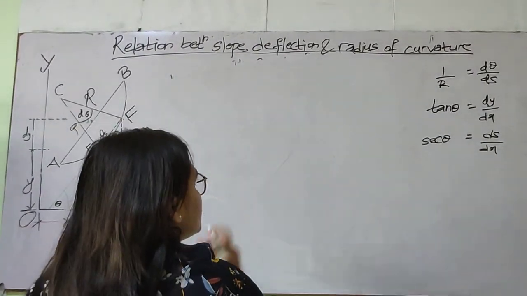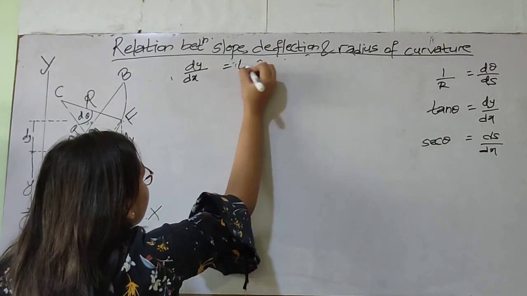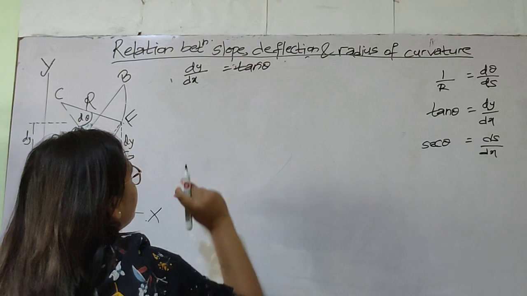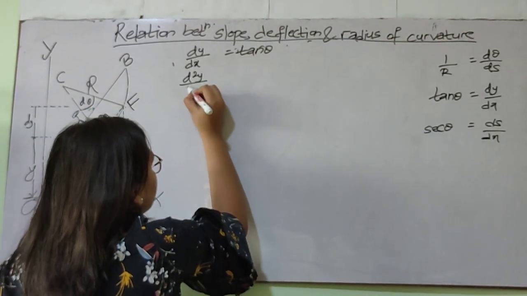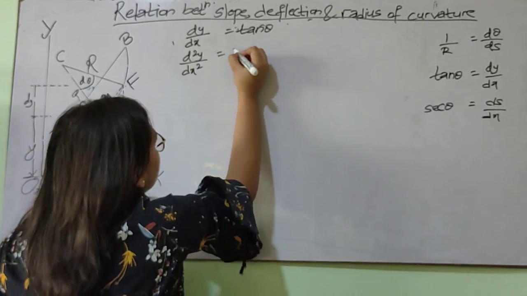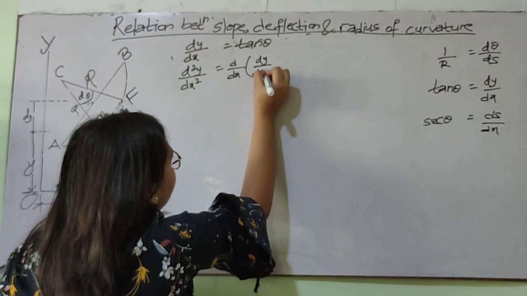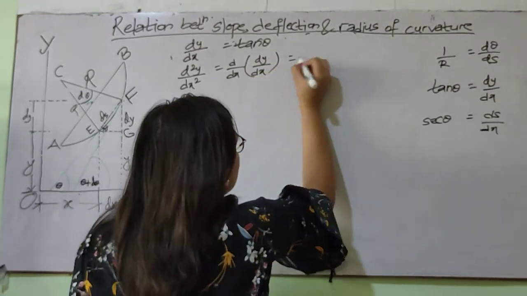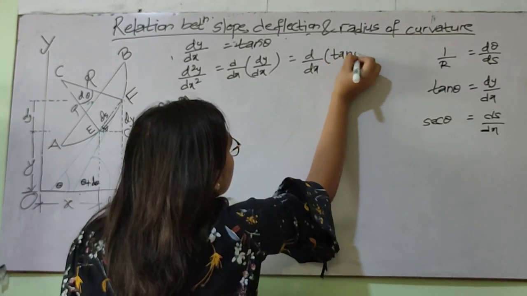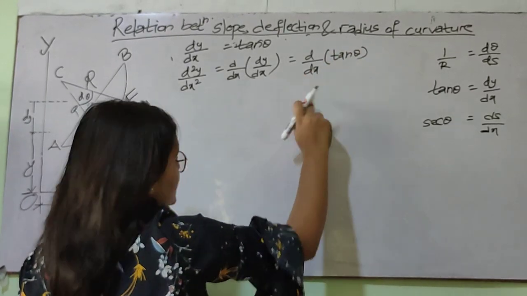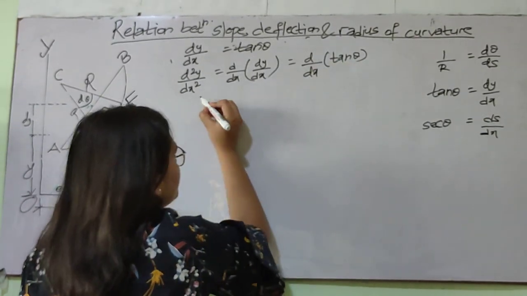So we have got dy by dx is equal to tan theta. If I take the derivative of this, it will be d square y by dx square equal to d by dx of dy by dx. So this dy by dx is nothing but tan theta. This is the differentiation with respect to x, but we have theta here, so we need to apply the chain rule of derivative.